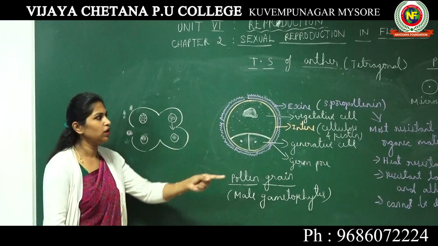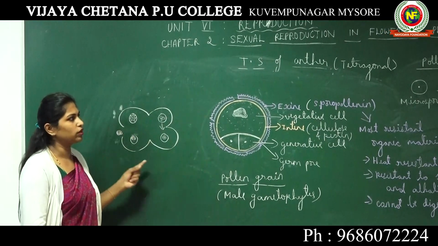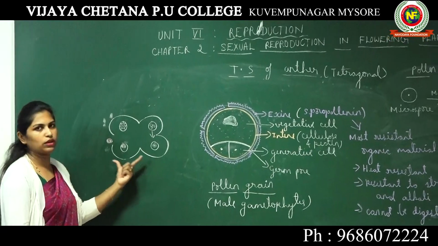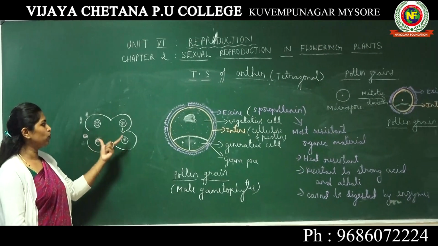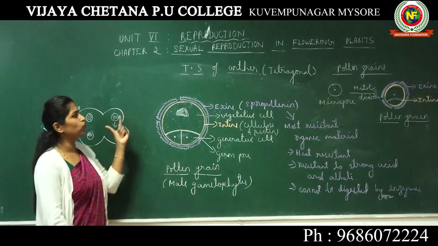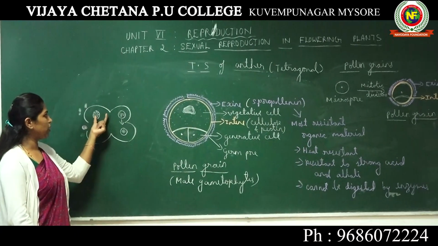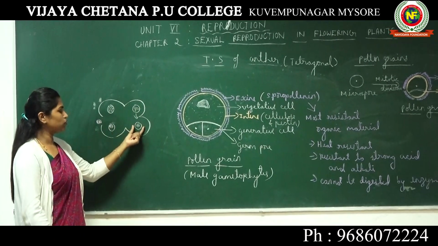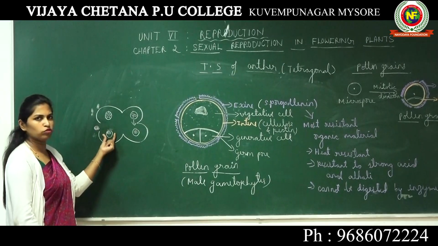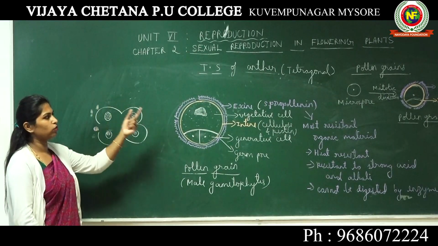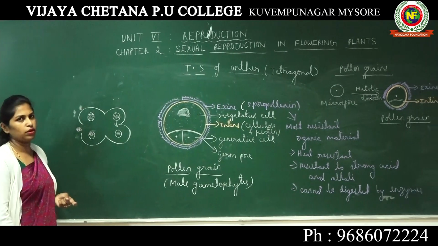So this is the brief of the topics that we covered today. You know the structure of anther, how microspore tetrads and ultimately microspores are produced from the microspore mother cell, and how pollen grains are produced from microspores.